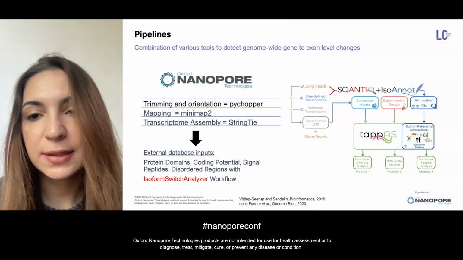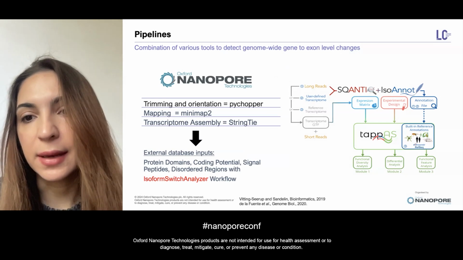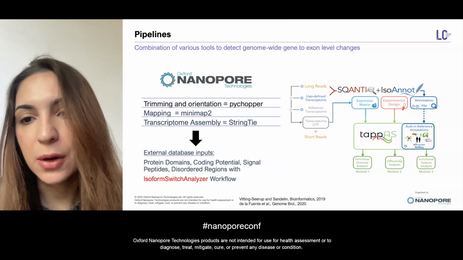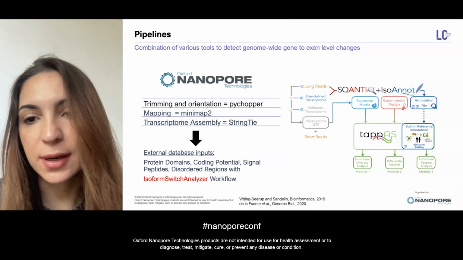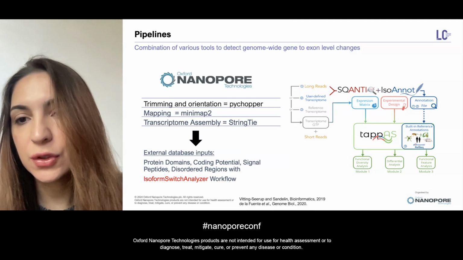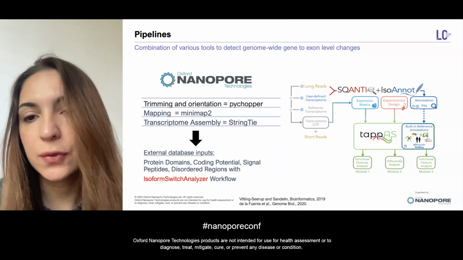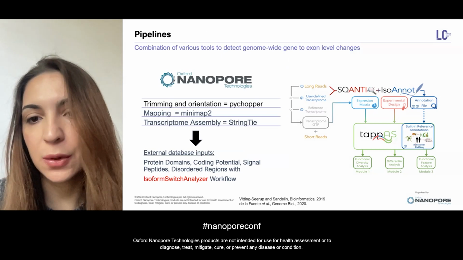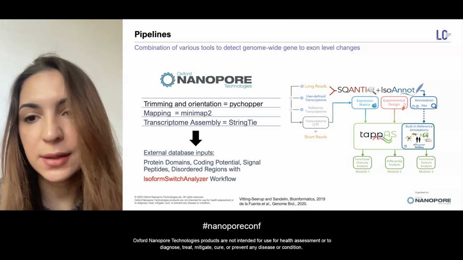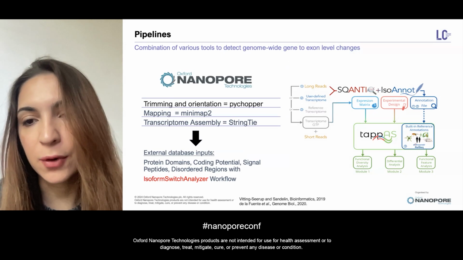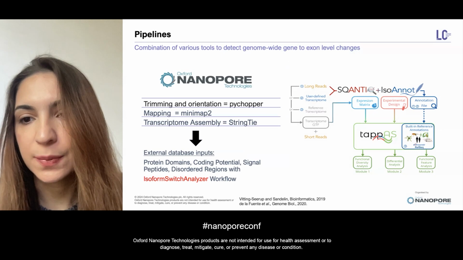For the data analysis, I have used Oxford Nanopore pipeline for pre-processing the data set from each mouse, and I have collapsed all the detected isoforms with StringTie. Then I have used IsoAnnot from functional isotranscriptomics framework to further annotate the isoforms, but also continue downstream analysis with IsoformSwitchAnalyzeR and DEXSeq for differential isoform usage and isoform switch.